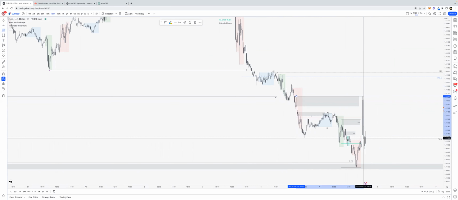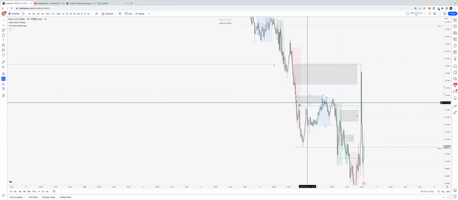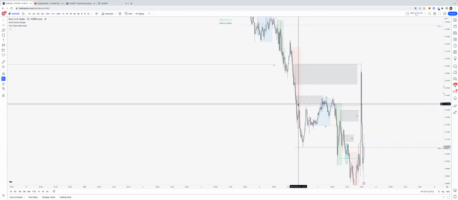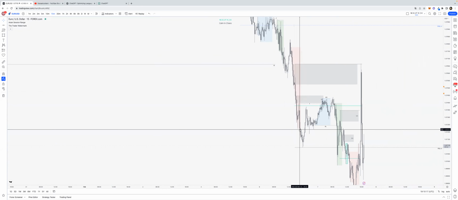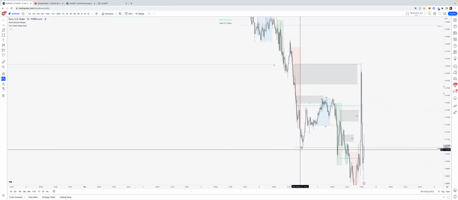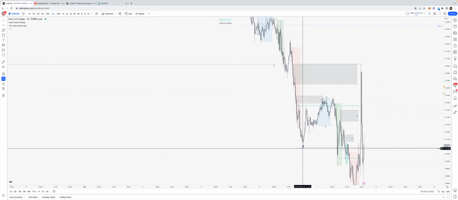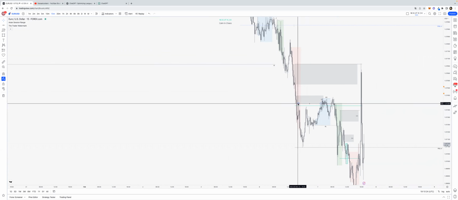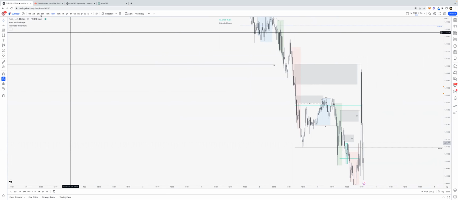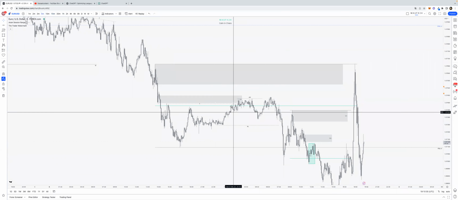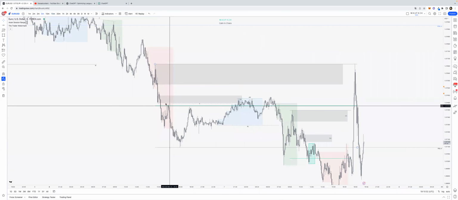And then coming into Asia, what can we see? We can see the price builds up liquidity over here during New York. We take New York lows, we form our previous daily low. Price comes up, doesn't break that high, respects it. Then coming into Asia, we got some slowdown over here before taking that high.